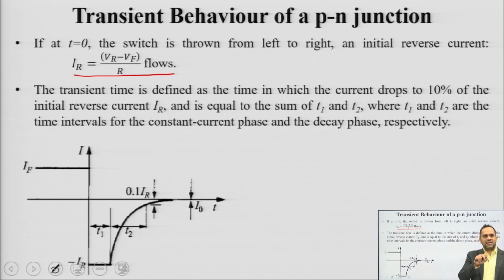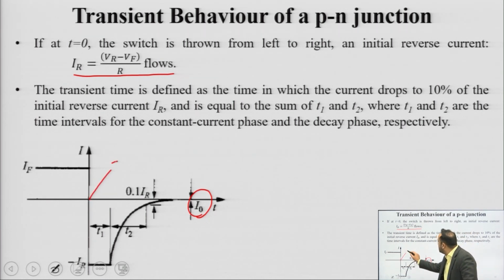T1 is known as the constant current phase. If you see this IV characteristic, IR is approaching I naught, the reverse saturation current. This is t equal to 0, when we switched from forward to reverse. From here, initially there is constant current, and then this current starts to decay.